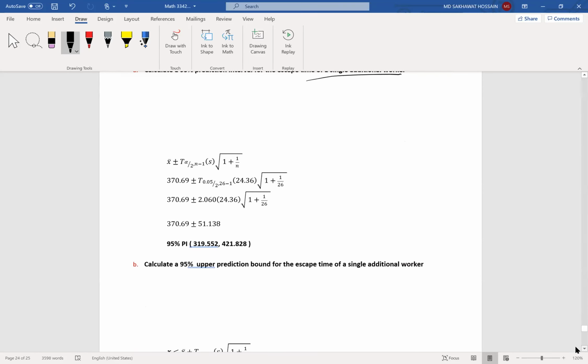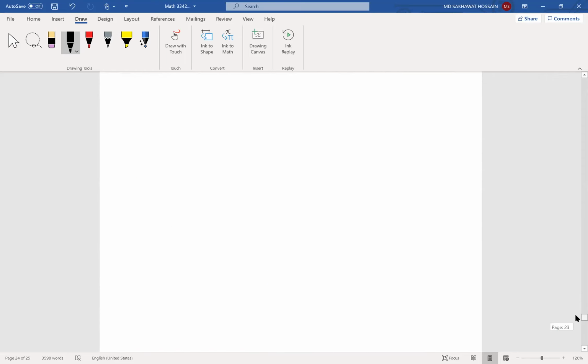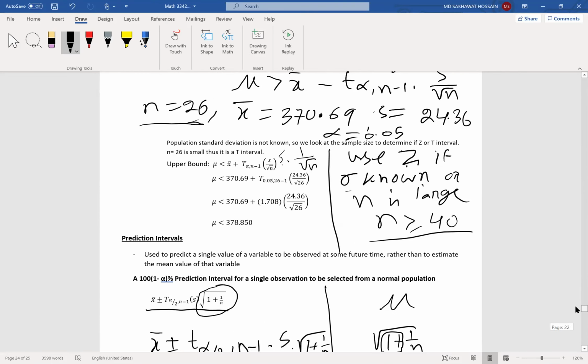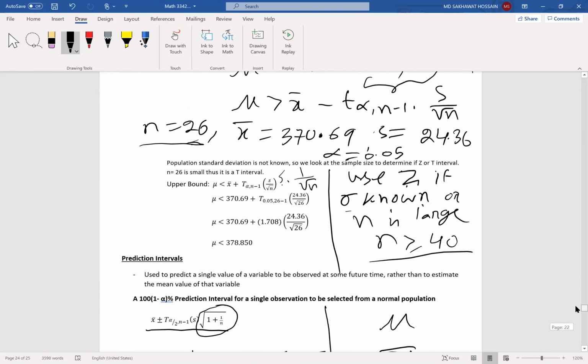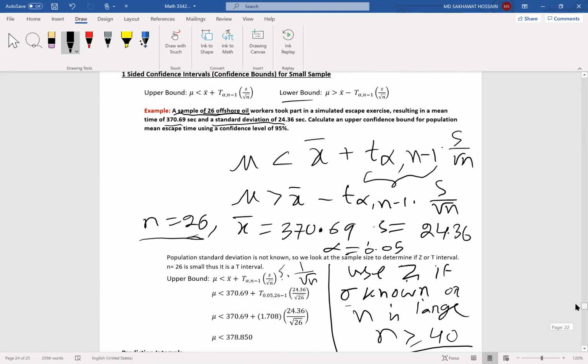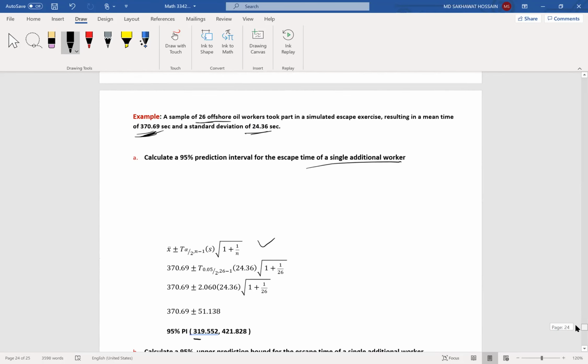So you use the formula for the prediction interval, plug in all the numbers, and if you simplify, the prediction interval will be 319.552 to 421.828. Now, for the confidence interval in this problem, we constructed only the upper bound, so we can compare the upper bounds.